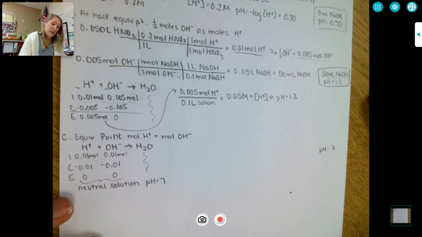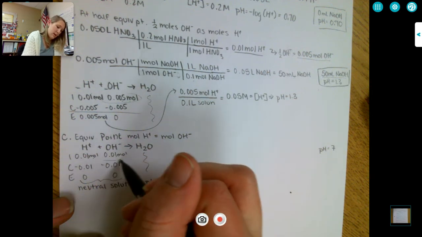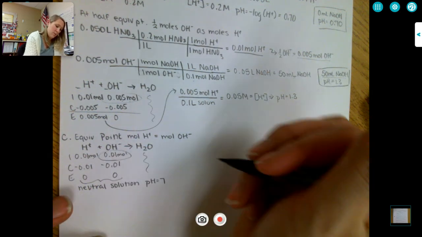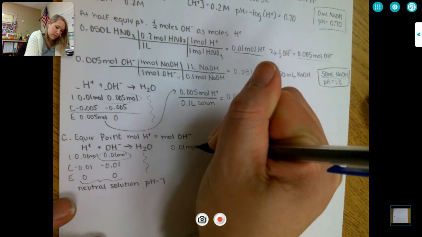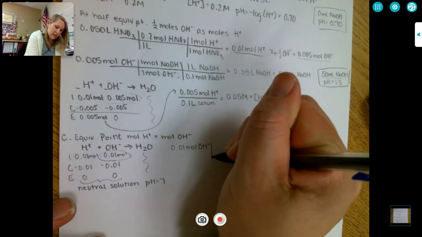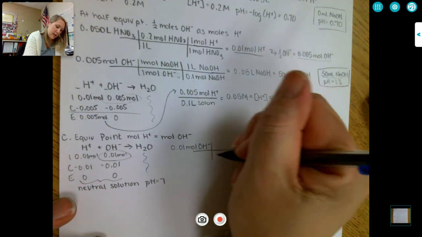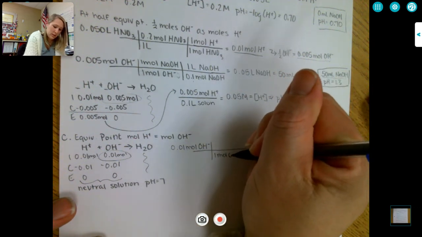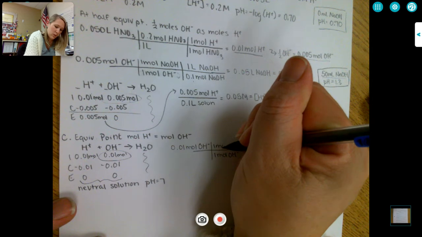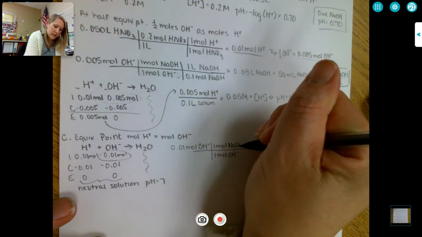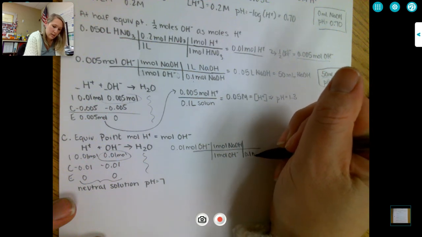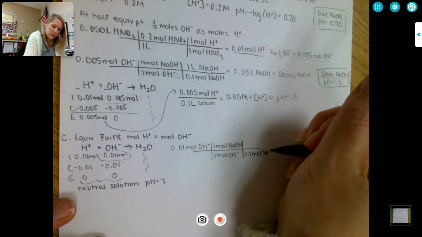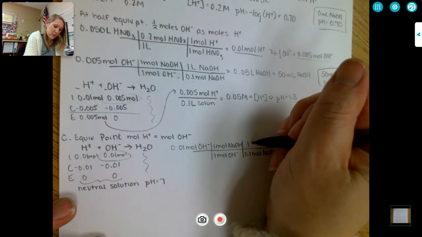What I need to know is my volume of sodium hydroxide in order to make this many moles of my solution. So if I have 0.01 moles of hydroxide, and I said for every 1 mole of hydroxide ions, I have 1 mole of sodium hydroxide, and my concentration is 0.1 moles sodium hydroxide for every 1 liter.